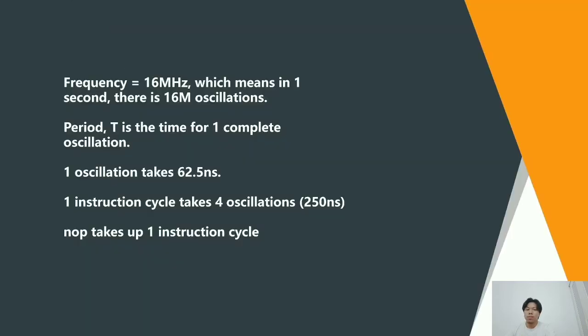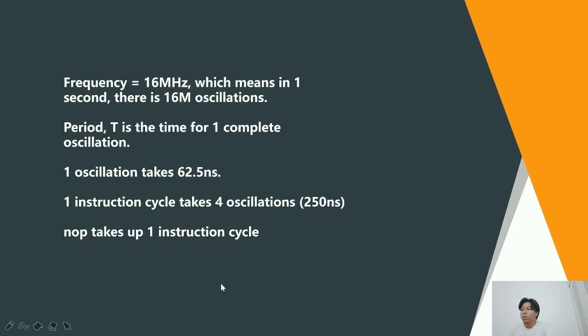So this is a little bit about the program. How do we understand it? The question states that frequency is equivalent to 16 megahertz, which means in 1 second there are 16 million oscillations. Period T is the time for one complete oscillation.